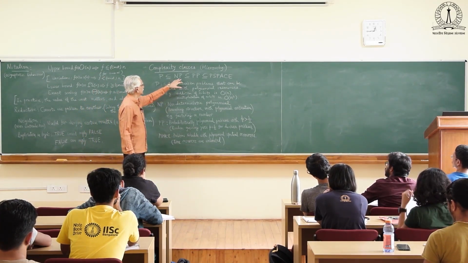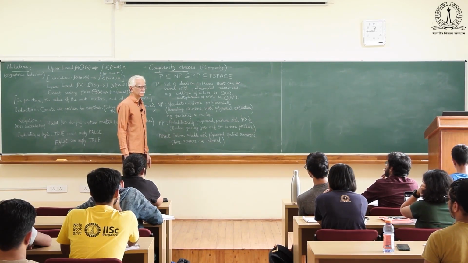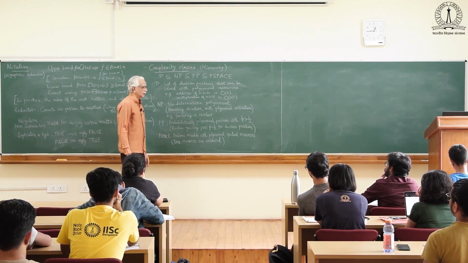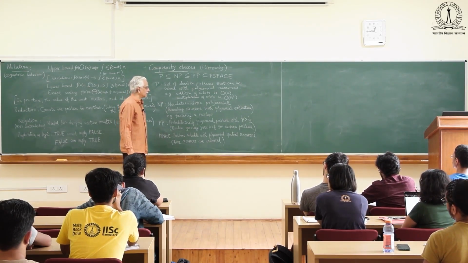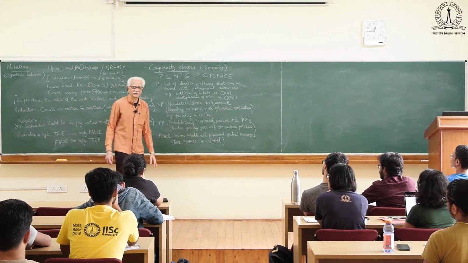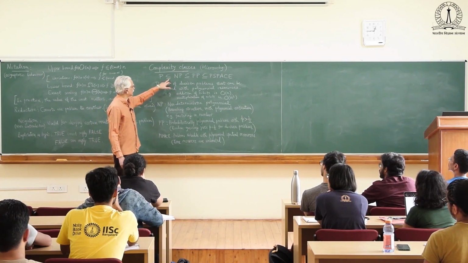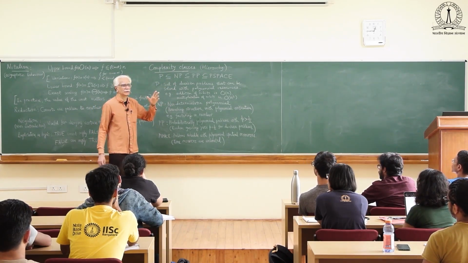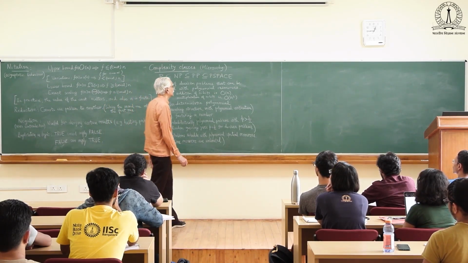And for this statement, nobody knows the answer. And that is what is often called a $1 million question in computer science, whether you can prove that the equality is ruled out or not. It's a tough problem.